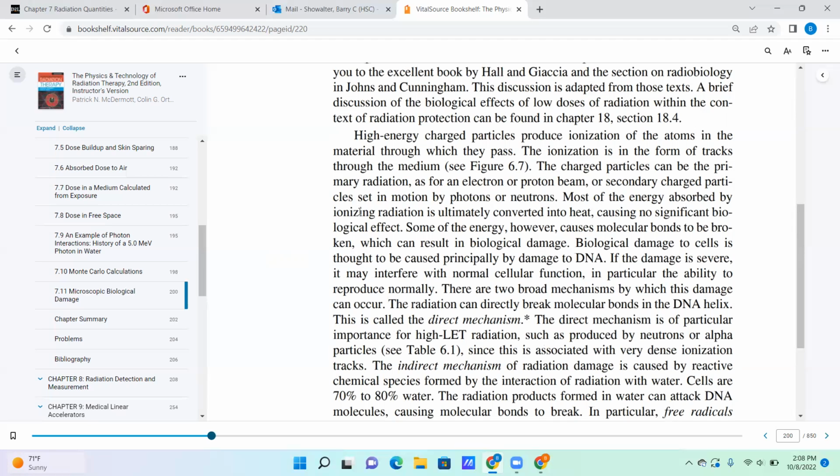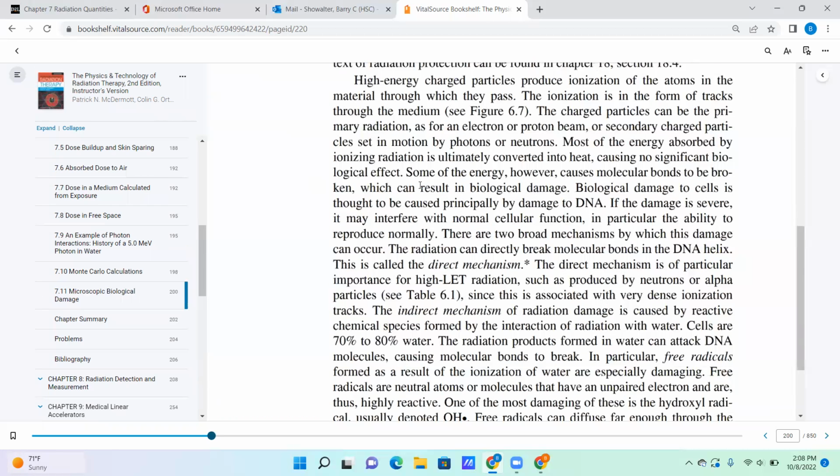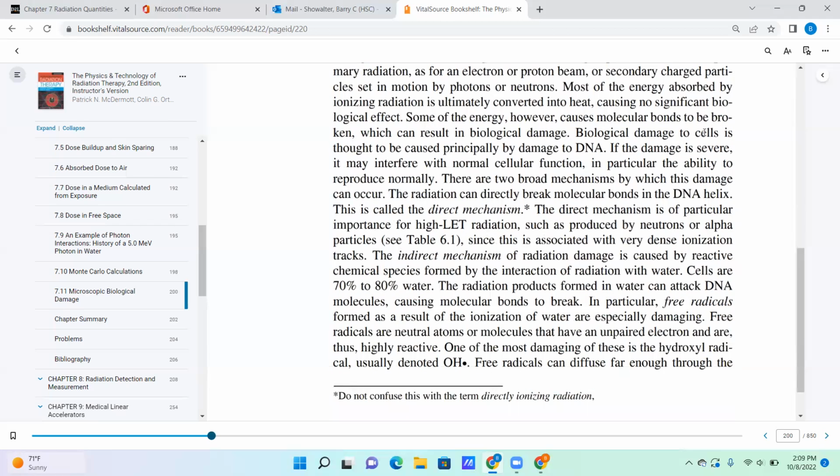Most of the energy absorbed from ionizing radiation is ultimately converted into heat, which doesn't really change a lot. Some of it causes molecular bonds to be broken, which can result in biological damage. Biological damage to cells is thought to be caused principally by damage to DNA. If it's severe, it may interfere with normal cellular function, in particular the ability to reproduce normally.